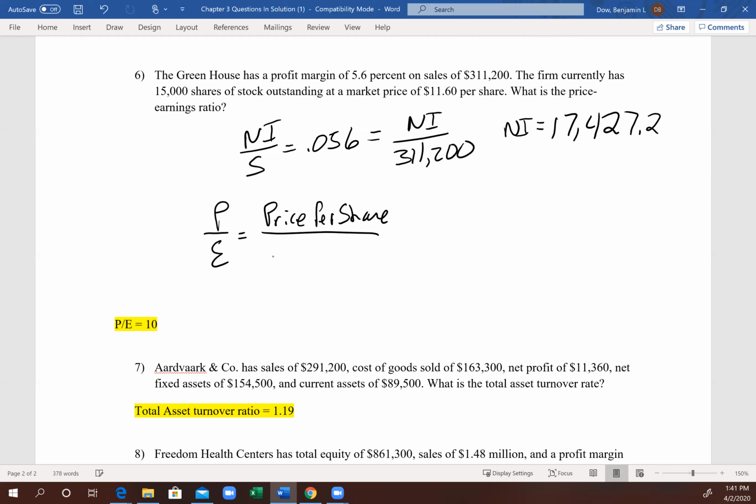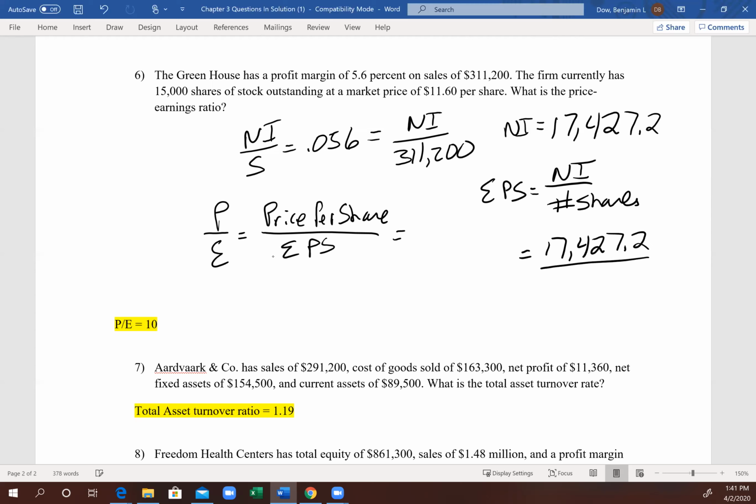We want to find earnings per share. This is another one you have to memorize. It's just net income divided by number of shares outstanding. We know net income at 17,427.2. The number of shares outstanding is 15,000.